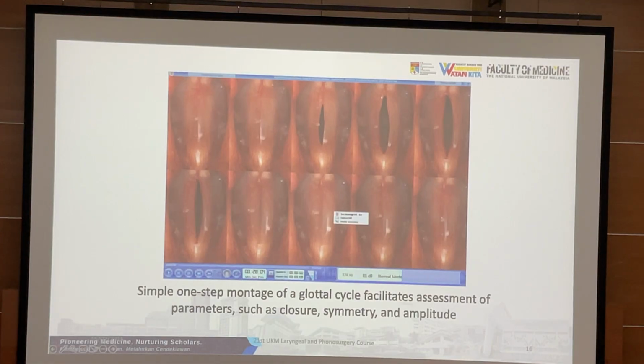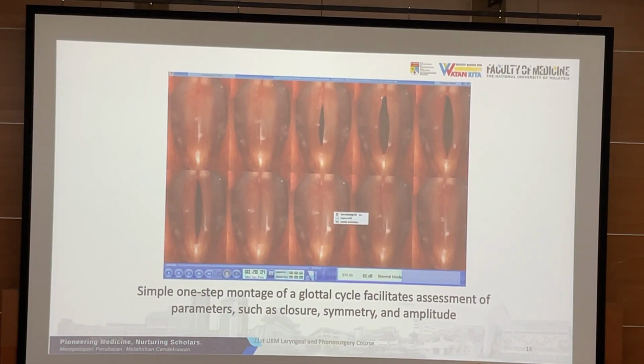If you look at the 10 frames, only 3, 4 frames are open. So this is predominantly closed. You may see half closed and half open, so we call it half closed and half open. So you go back to the stroboscopy research instrument.